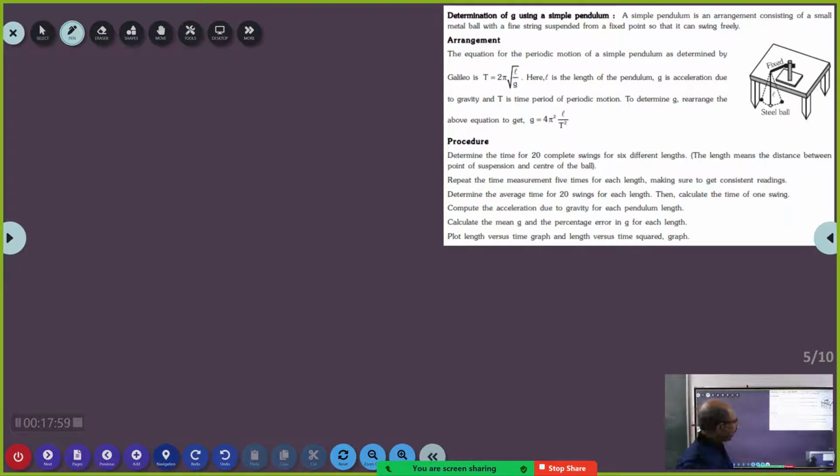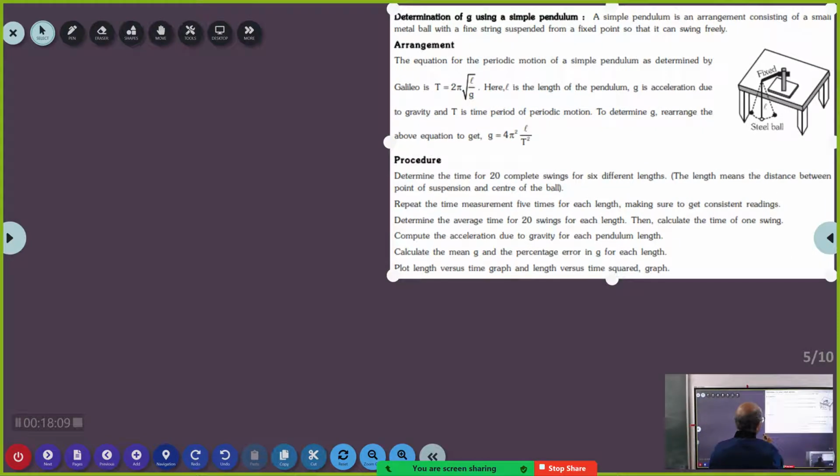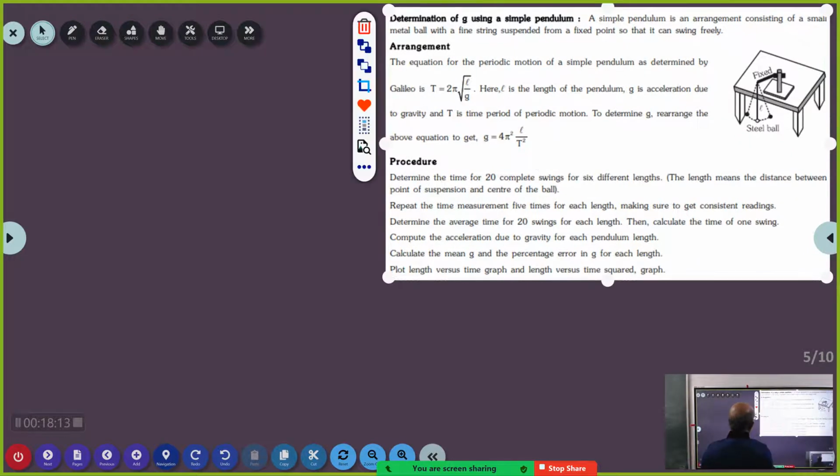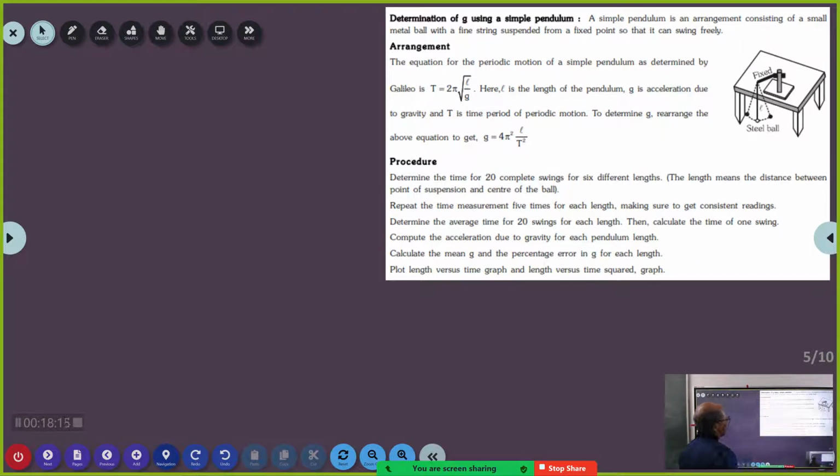Now we will be entering the zone of actually conducting the experiment, right? Are you with me, all of you? I think you have conducted this experiment in the laboratory. You have determined g at the place, acceleration due to gravity, using a simple pendulum?